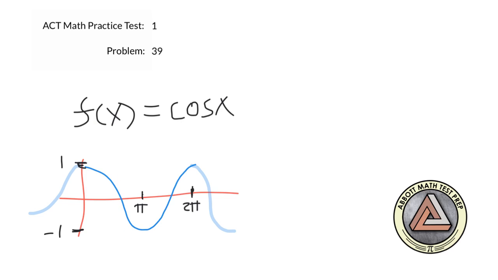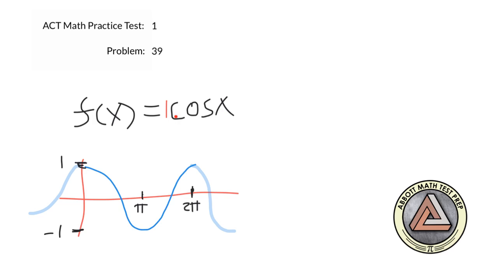Another way of saying it, which some books, including some ACT practice tests, will say, is that it's half the distance between the max and min. So if you took the max, which is 1, and subtracted -1, well, 1 minus -1 is 2, so half of that is 1, so therefore the amplitude of this is 1. And the amplitude, by the way, is given by the number right in front of cosine x.